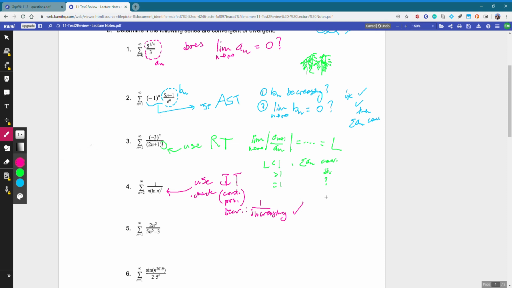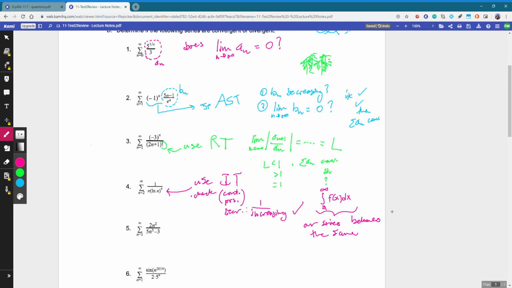And so then we just need to compute our integral from, I guess, 2 to infinity of this thing where we replace the n's with the x's. And let me just write, whatever that thing does, our series behaves the same.